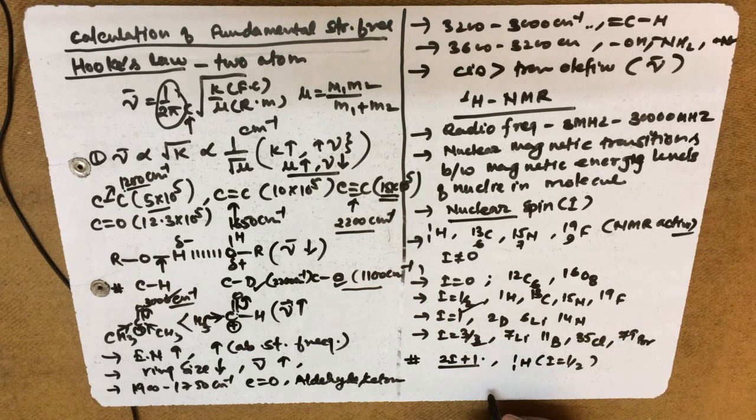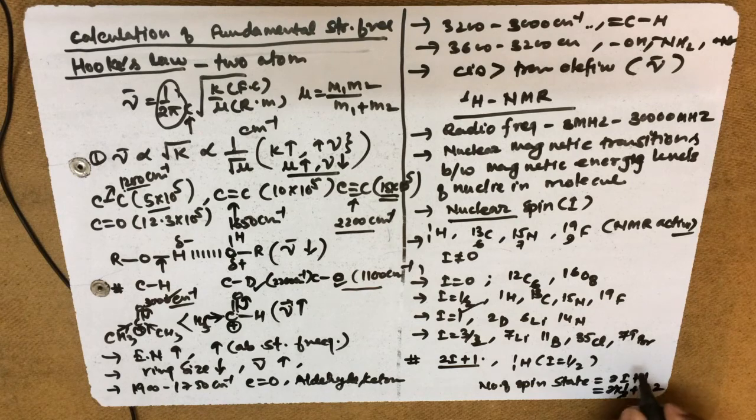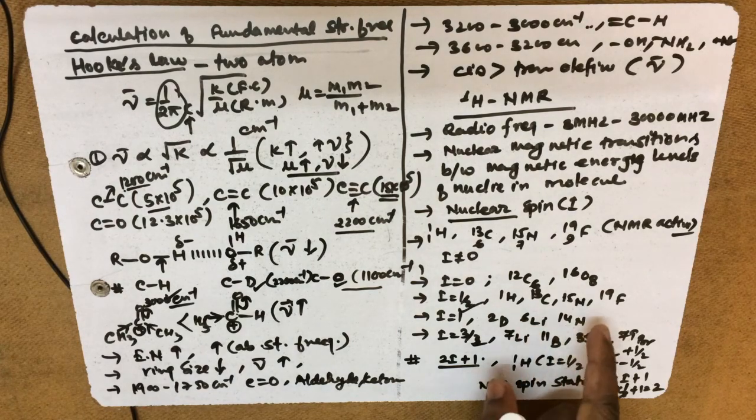So the number of spin states for hydrogen is 2I plus 1, which is 2 times half plus 1, equal to 2. So there are 2 spin states, plus half and minus half. Similarly, we can find it for other species like carbon-13 and nitrogen-15.